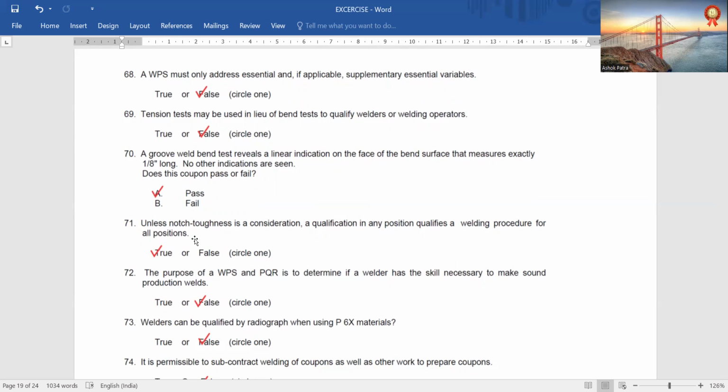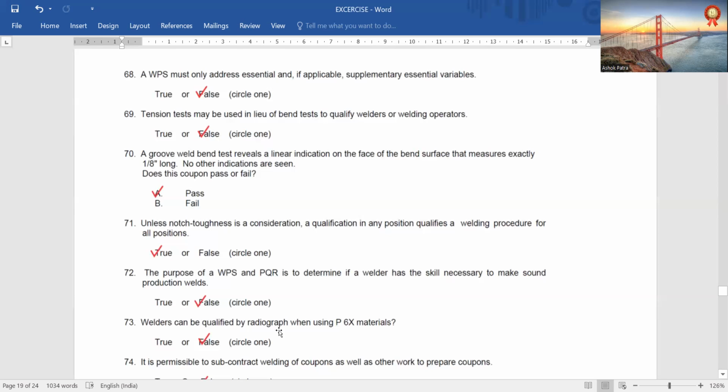There is no problem for notch toughness and all. The purpose of WPS PQR is to determine if the welder has the skill necessary to make sound production welds. False. That is qualification.